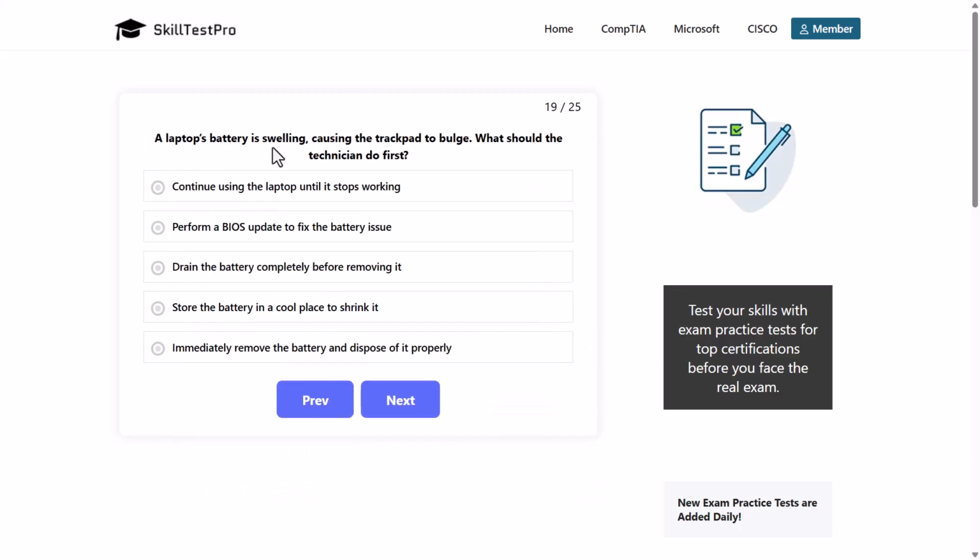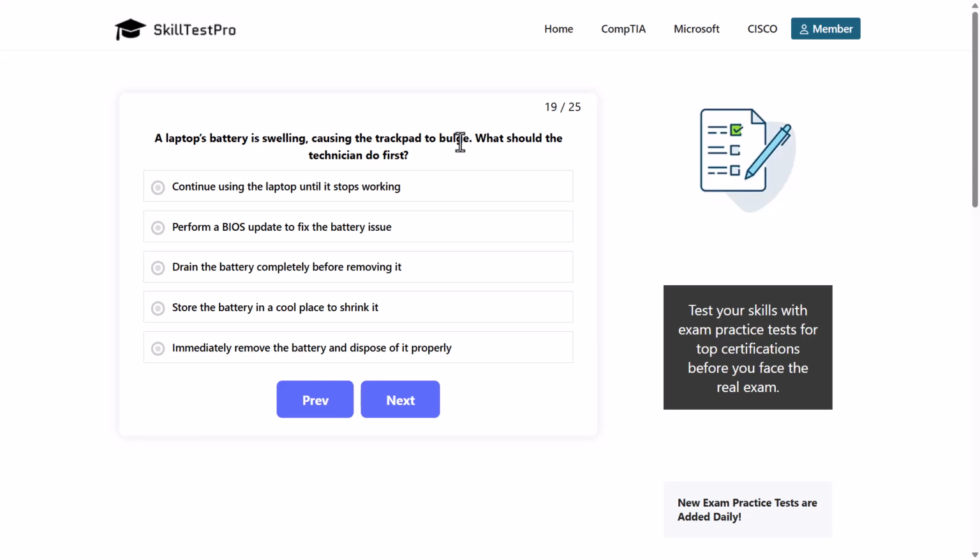A laptop's battery is swelling, causing the trackpad to bulge. What should the technician do first? So your battery is getting big, it is swelling in your computer, causing the trackpad to bulge. So this means that your trackpad is coming out of its place.